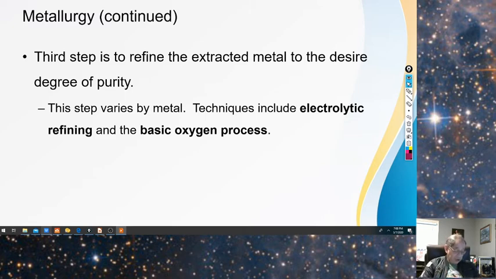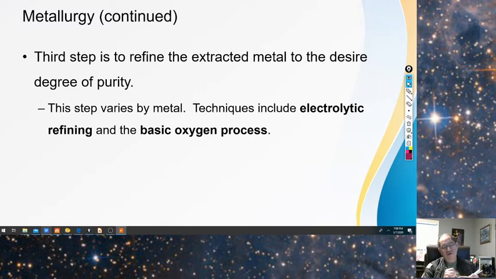Know about the third step. Know about the electrolytic refining and the basic oxygen process.